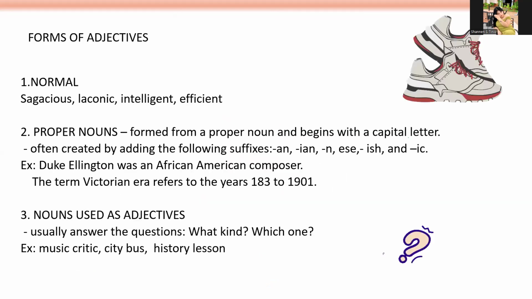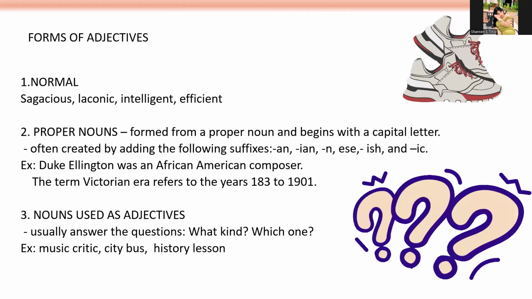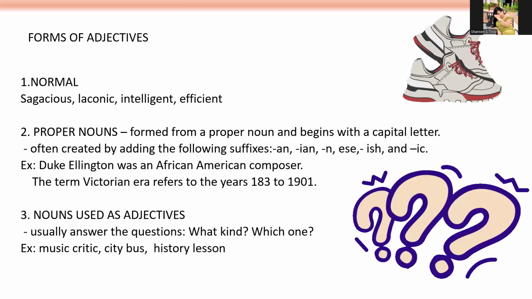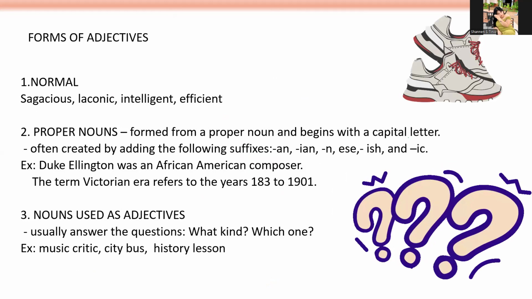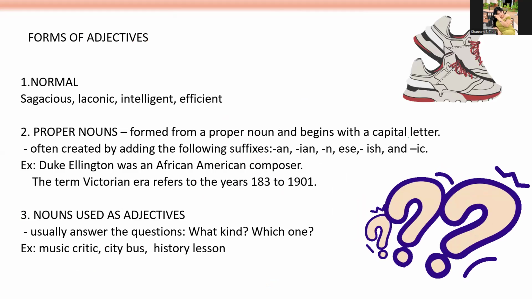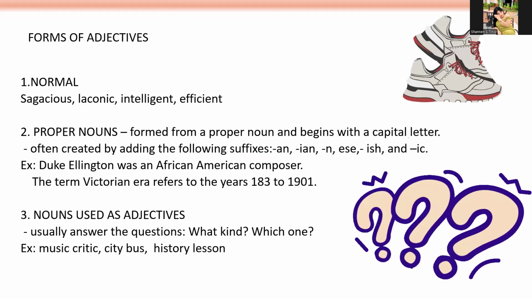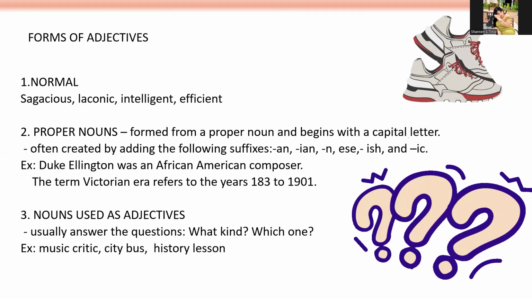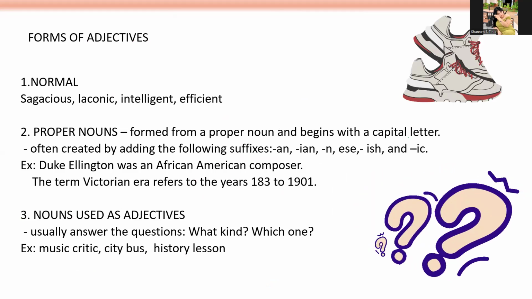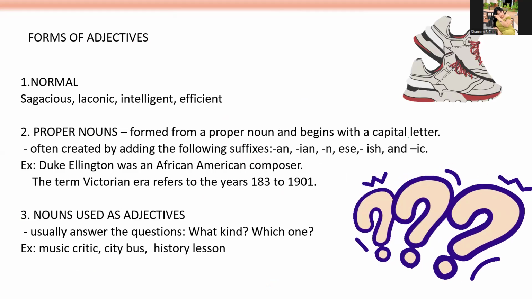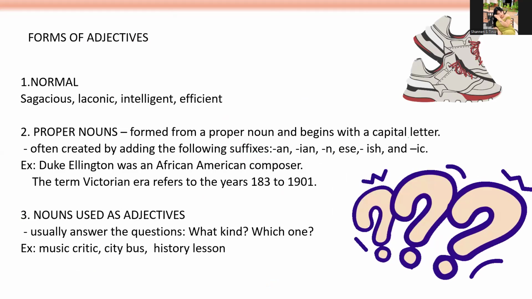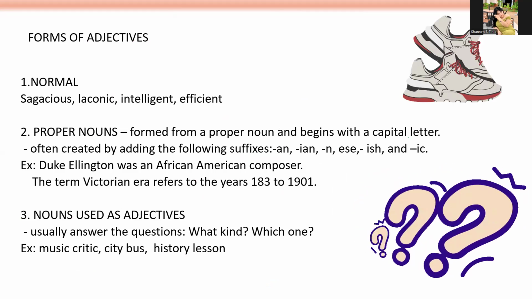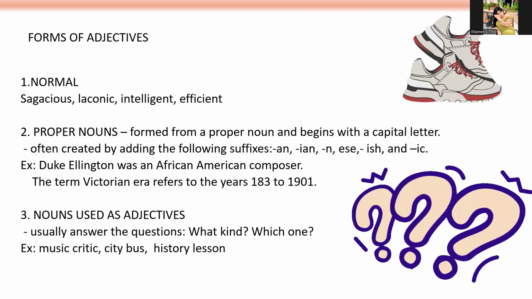Okay, so now let's move on to the forms of adjectives. So we have different forms of adjectives. We have the normal ones, the proper nouns, nouns that are used as adjectives as well. All right, normal adjectives are like beautiful, energetic, sagacious, laconic, intelligent, efficient. It means you can easily identify them in sentences because they're normal adjectives.